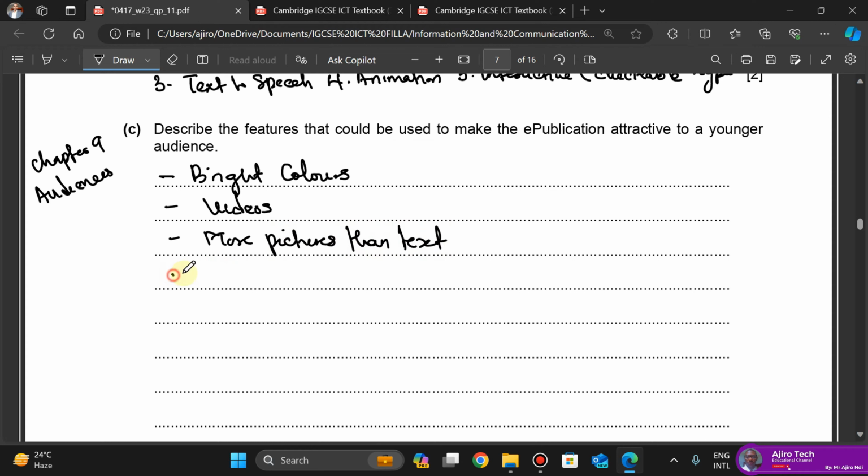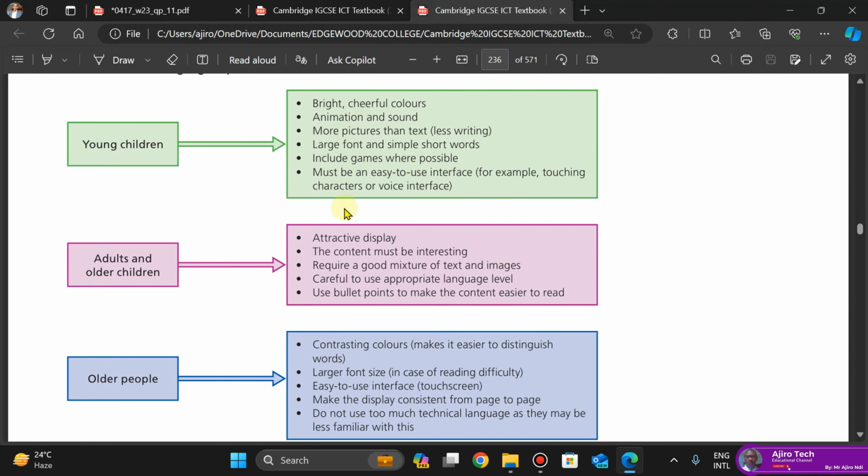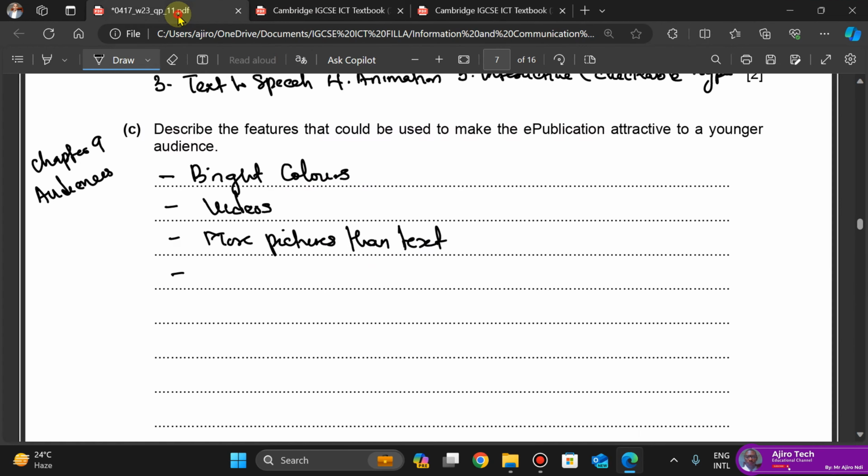Again, let's see what else. Sound. We have animations. Let's add animation. You can put them differently. Animations. We have sounds.